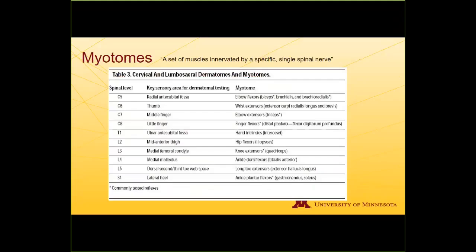Okay, so for example, at a C5 level, that C5 nerve root helps us move our elbow, essentially. Okay, so it's responsible ultimately for innervating our elbow flexors. We move one level down, and the C6 nerve root is responsible for helping us extend our wrist. Okay, so that's why when a person has a C6 spinal cord injury, they have wrist extension, meaning that the injury is below the level of C6.